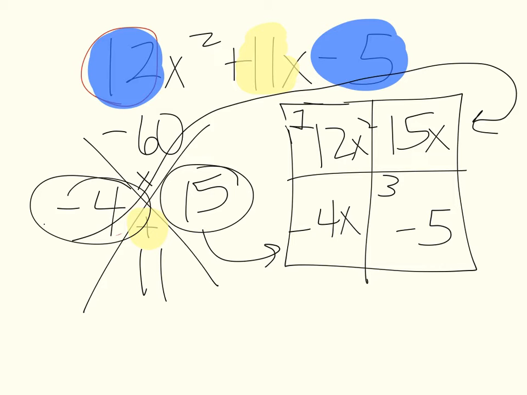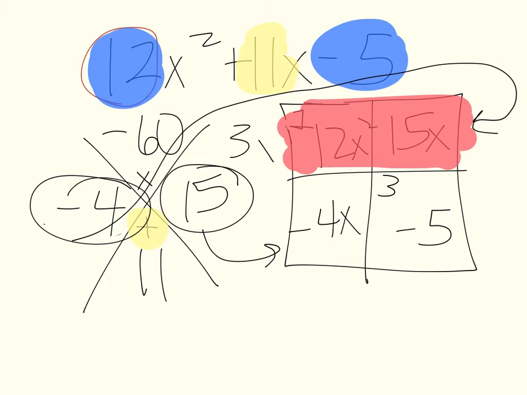And then what I can do is use this particular box and find greatest common factors for each row and each column. If I'm wanting to find the greatest common factor of this row, that would be 3x. If I do it on the row below it, it's only going to be negative 1. Now I can actually go up and down.